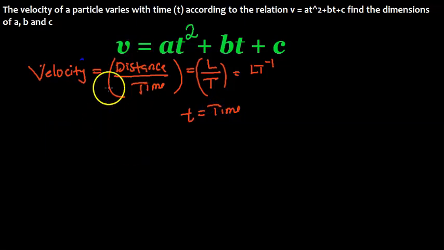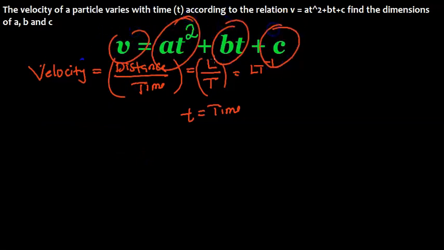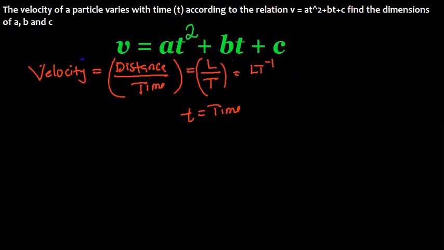In this case, we are given V equal to AT squared plus BT plus C. Let's separate this into three parts for it to be easier for us.